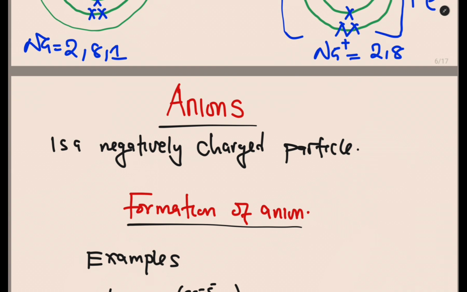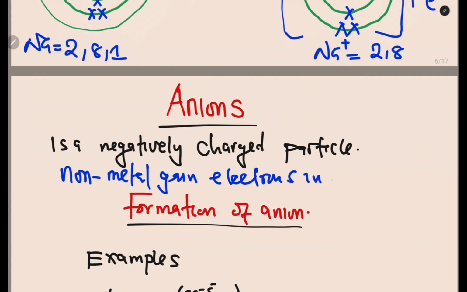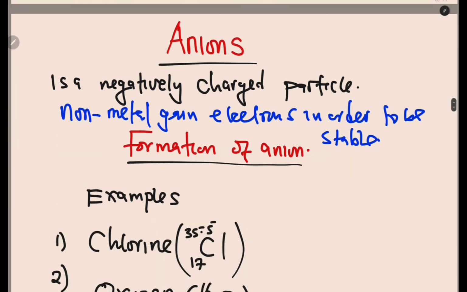Normally non-metals gain electrons in order to be stable. In this case, you have more electrons than protons.